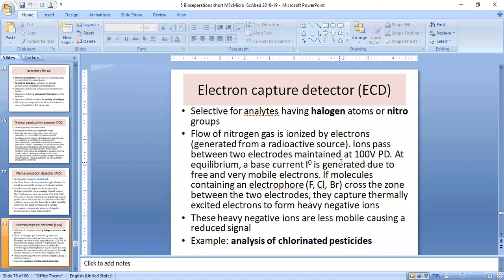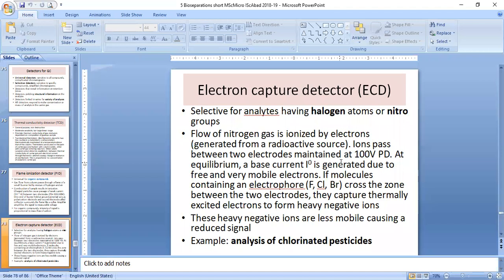When these ions are generated, they will interact with the compounds which contain chlorine or bromine or fluorine. So all halogenated compounds, if they are present in the sample, then the halogens will interact with those electrons. And because of that, we have a formation of heavy negative ions.